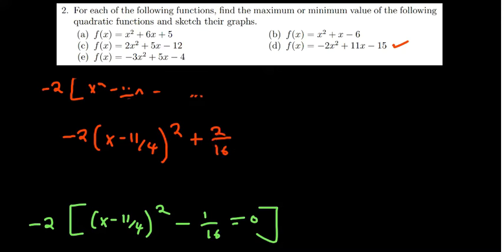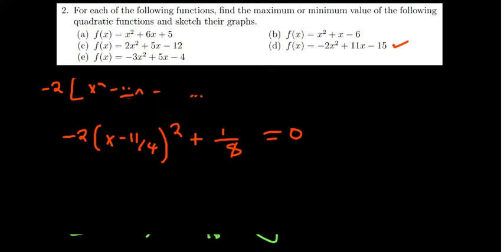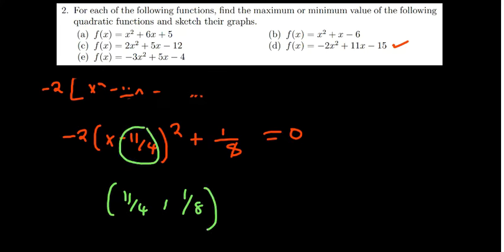So instead of saying 2 over 16, we'll have 1 over 8, equal to 0. So would you guess the turning point? The turning point would be 11 over 4 comma 1 over 8. Remember, you change the sign of this part and then maintain this other part. So it being a negative, it's expected to have what? A maximum point.